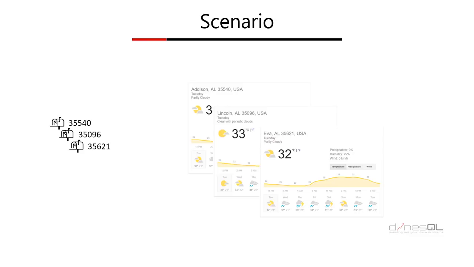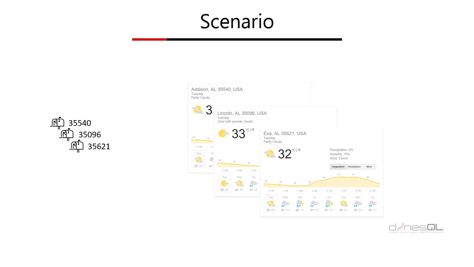So since we don't get hard-coded data sets saying these are the postal codes, we need to have a different mechanism to read these postal codes and then get these weather forecast details into our environment.